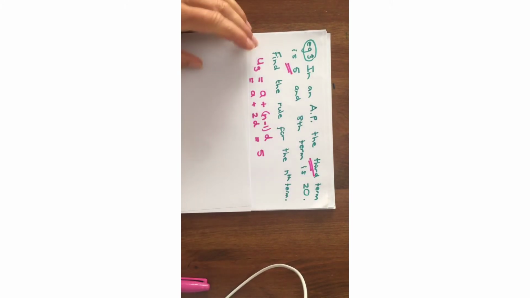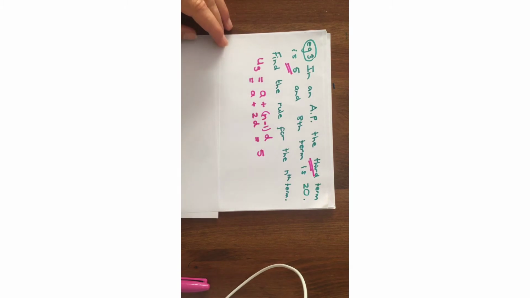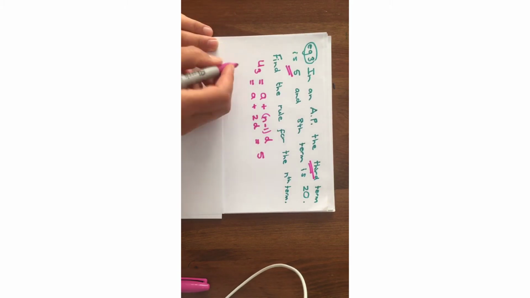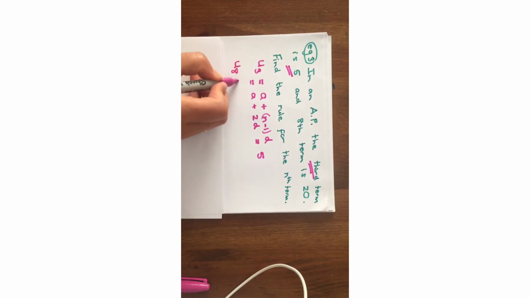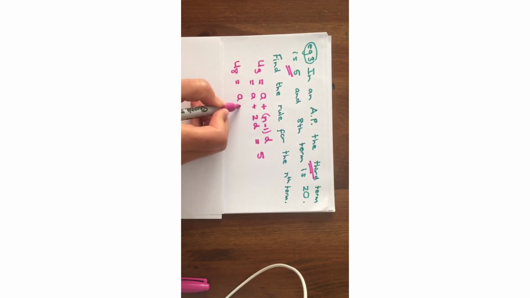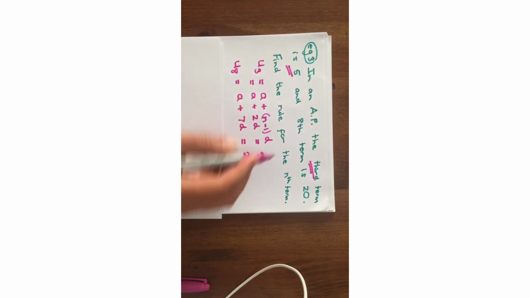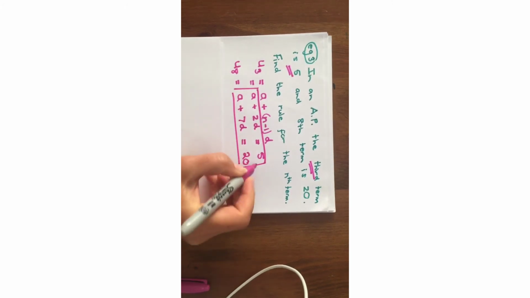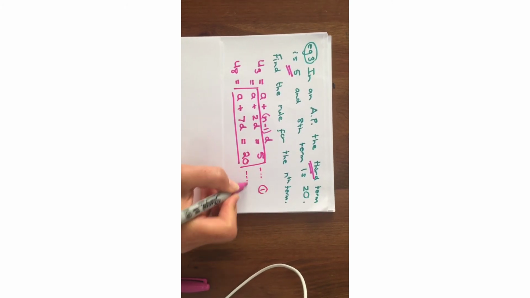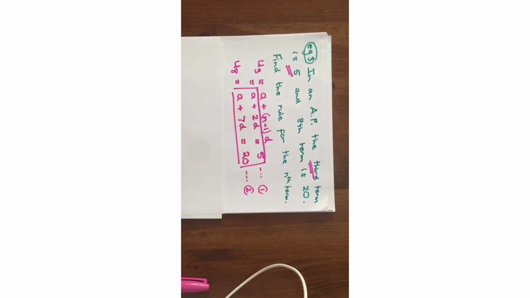Okay, so can you now write an expression for the 8th term, please? Pause and have a go. So the 8th term will be a plus 7d, because n is 8, and this will equal 20. So you can see now I've got two equations with two unknowns, a and d.